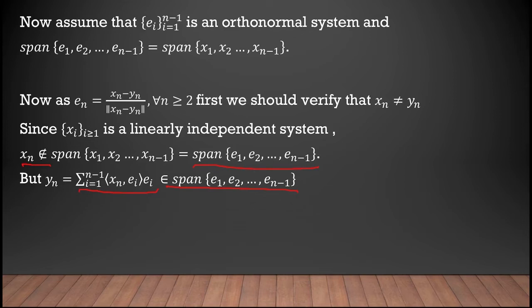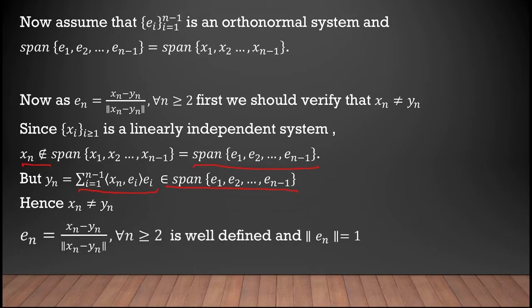So xn is not here, but yn is here. So can xn and yn coincide? No. So we can say that xn not equal to yn. Okay. So we can define en as xn minus yn divided by norm of xn minus yn for all n greater than or equal to 2.